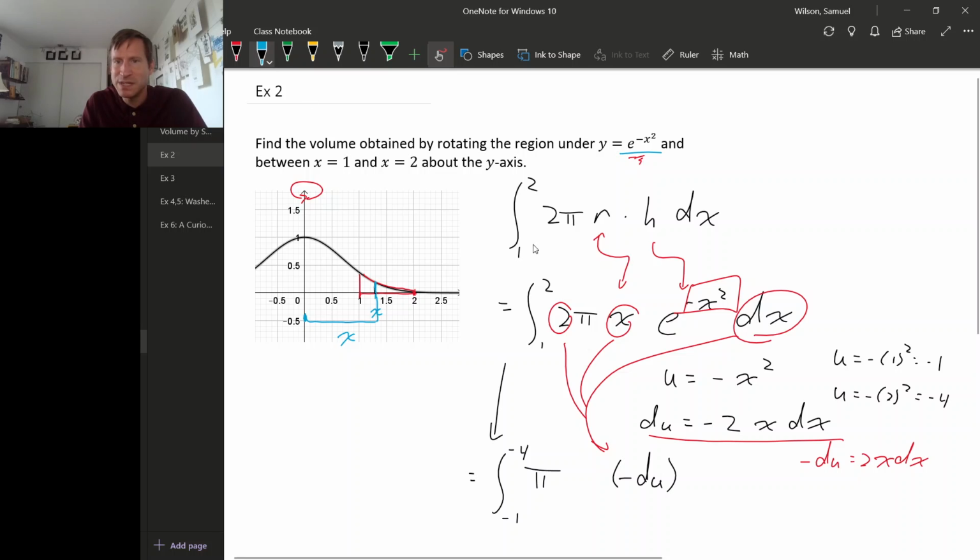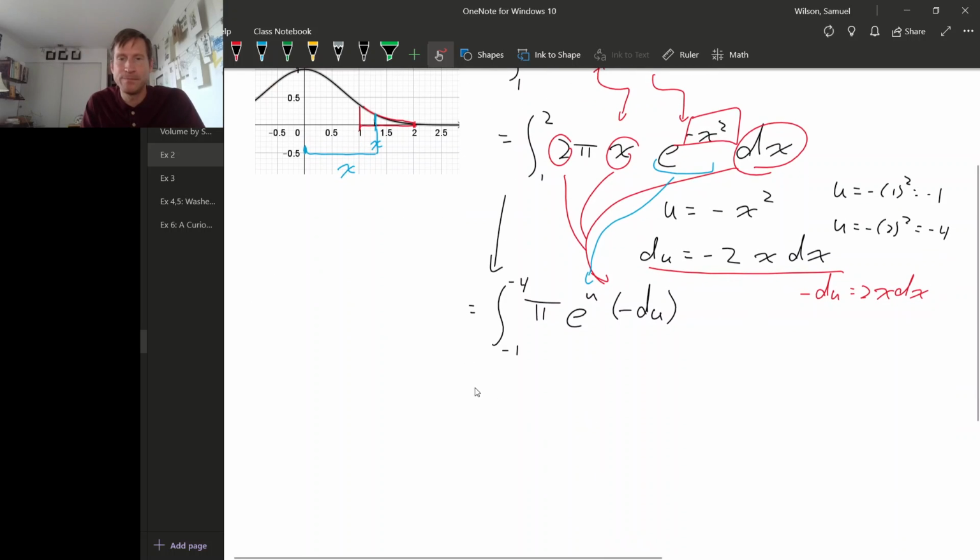And then the last piece is this e to the minus x squared, and that's just e to the u. Now, first of all, there aren't any x's left, so our u substitution is complete. And this integral looks easier than the one we started with, so our u integral is helpful. So we can keep this integral and evaluate it.